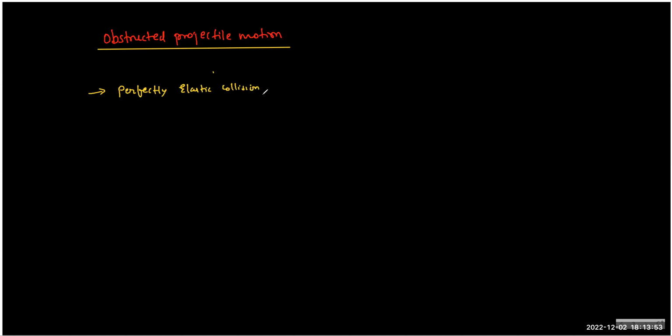And in perfectly elastic collision with a rigid surface, although this is a part of the chapter of center of mass in which you will study in great detail, many questions you may face as of now in some textbook.